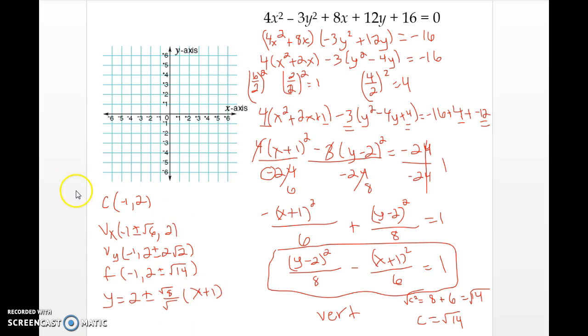And even though you're not supposed to have a radical on the bottom, you guys can just leave it for this point. I'm not going to make you rationalize. And you can write that as a decimal too.